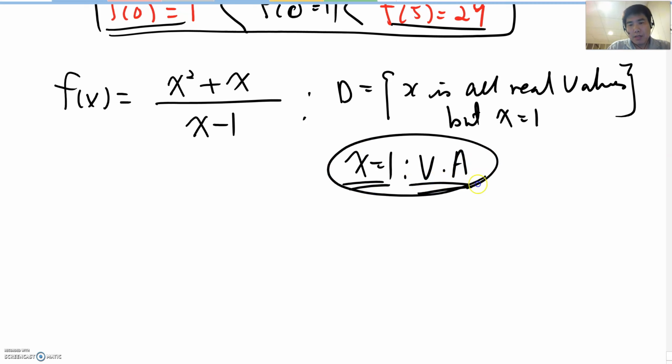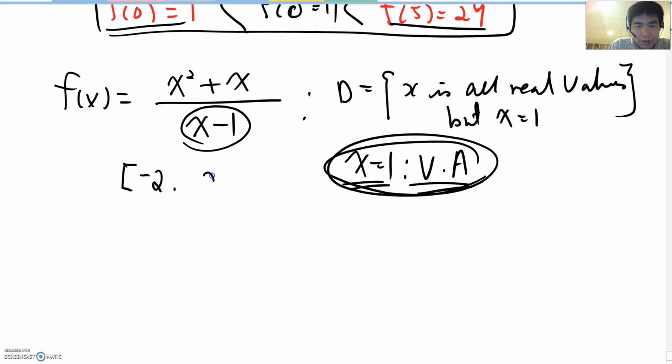The vertical asymptote divides two different sides, a negative side and a positive side. Obviously, f(x) is not continuous at x equal to 1 here. Now we want to check whether this works, so let's find the given interval, -2 and 2 here.